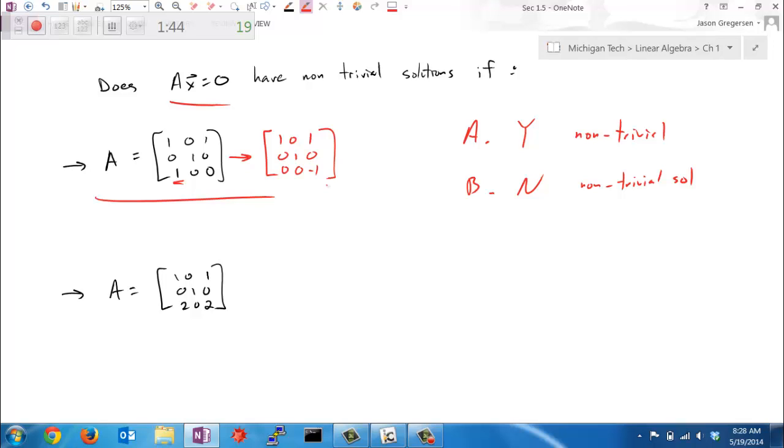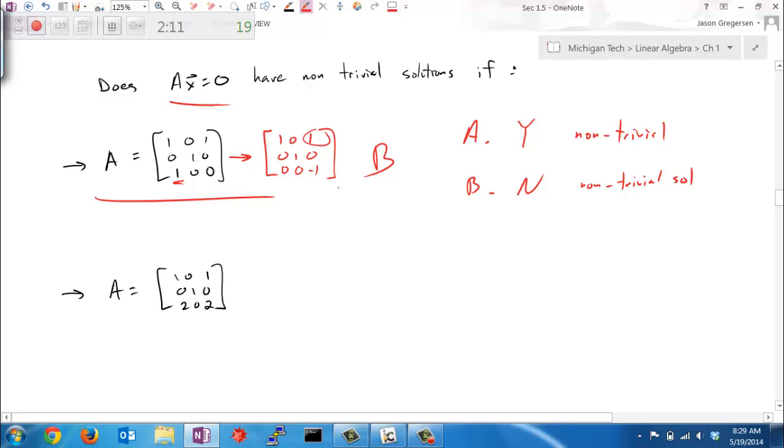If I added my column of zeros over here, this would say x3 is 0, x2 is 0, and x1 is 0. And I can finish this by eliminating this term if I want, but I really don't need to. In this form, I can see that I have a pivot position for every row. So that means this thing has a unique solution. There are no free variables. Okay? So that means there are no non-trivial solutions. So this one is B.